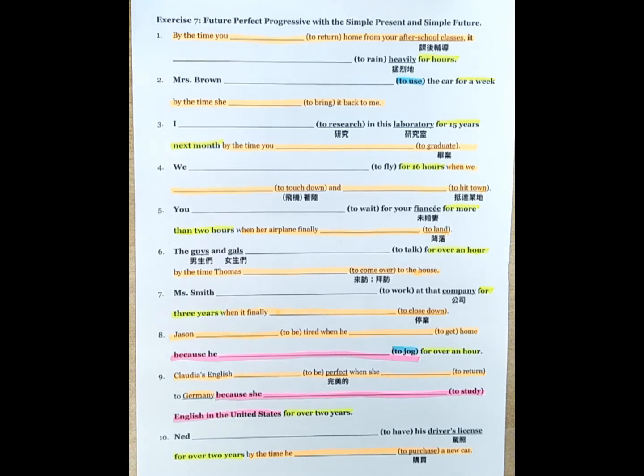We are going to have been flying for 16 hours when we touch down and hit town. 5. You are going to have been waiting for your fiancée for more than 2 hours when her airplane finally lands.